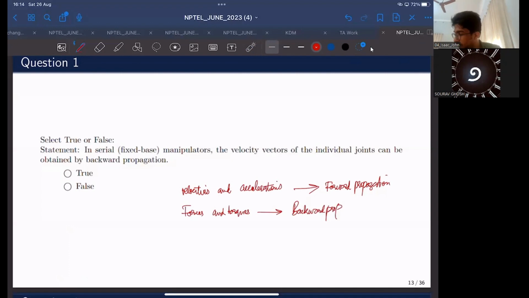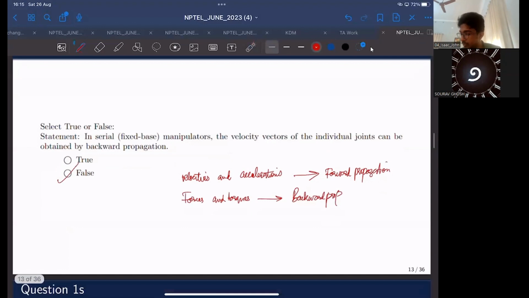And here the question says, in the case of serial manipulators, velocity vectors of individual joints can be obtained by backward propagation. We know for a fact that that is false because velocities are propagated using forward propagation. Right? So the correct answer for this question is going to be false.